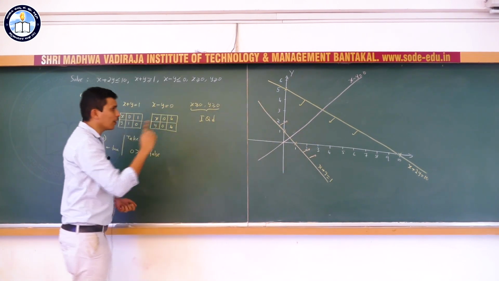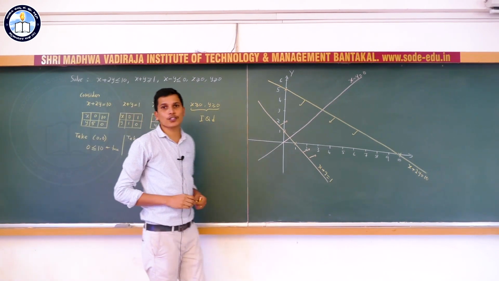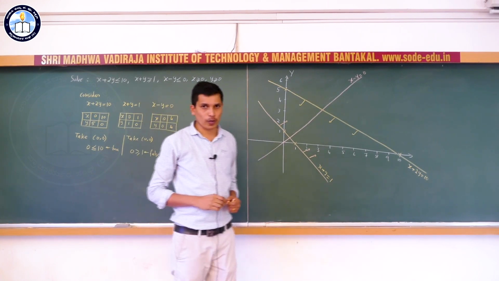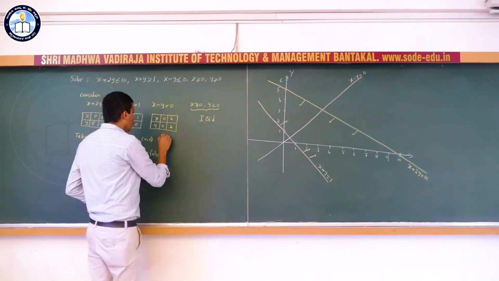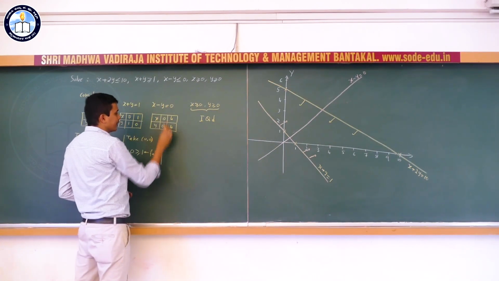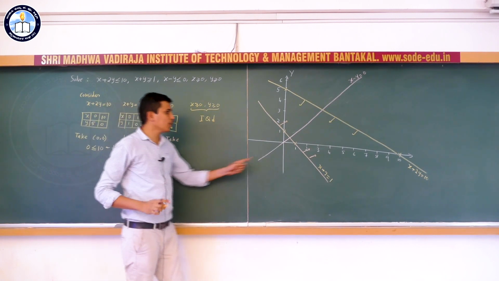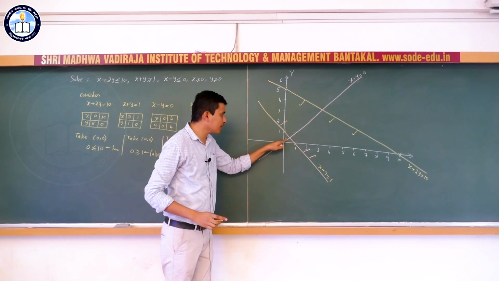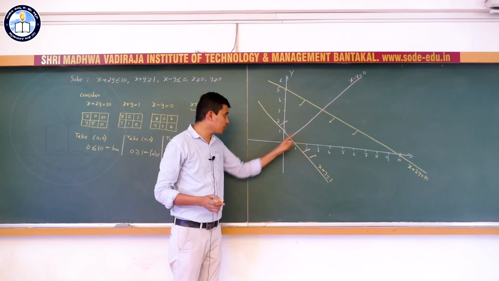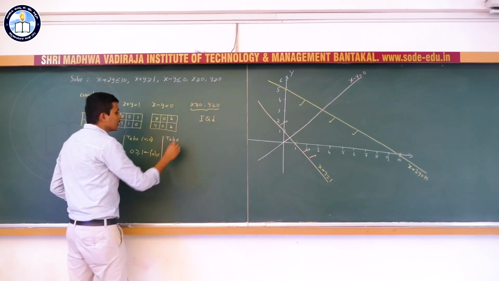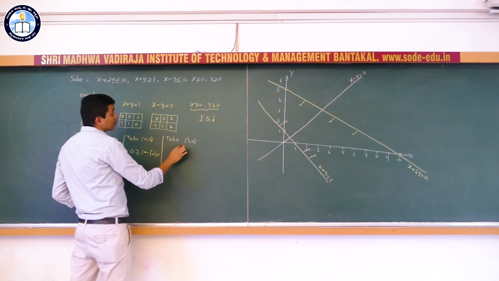Now left with the third line, but that passes through the origin. Can I take 0, 0 for the inspection part? No. I want a point which is not present on the line, right? So while checking for this particular line, I'll take 1, 0 because this point is not present here. Otherwise, I can take 0, 1 and then 0, 2, any point, but it should not be on the line, right? So I'll take 1, 0. And then substituting, while substituting you should be careful.